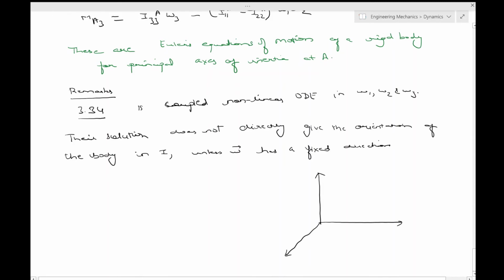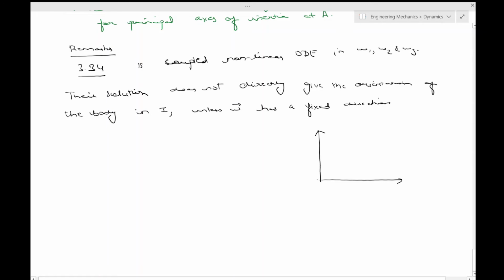Let's say this is E1, E2, E3. Okay, and so let's write omega is equal to theta dot.